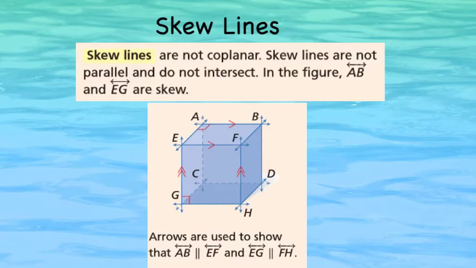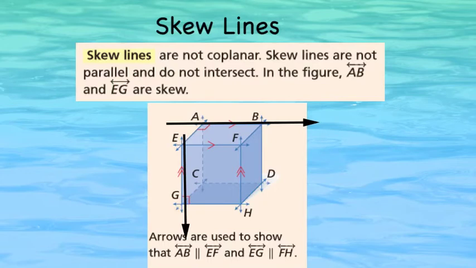To give you an example of what this looks like, line AB and EG are skew. Okay. And there is no symbol for skew, so I'm going to go ahead and get my line tool and show you. AB is in the back. It's this one here. EG is in the front.